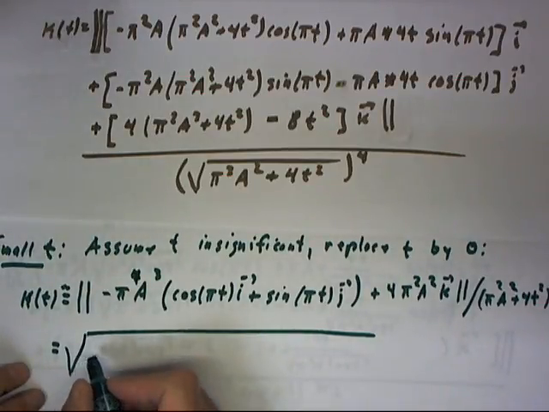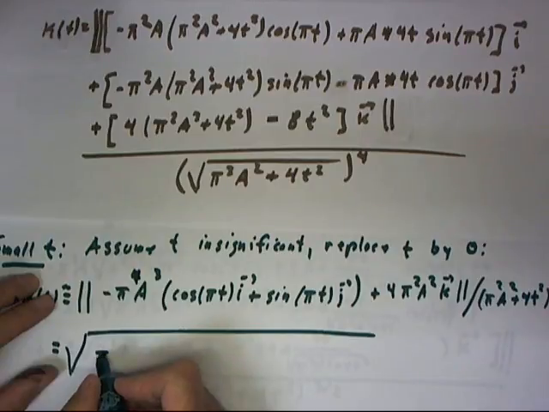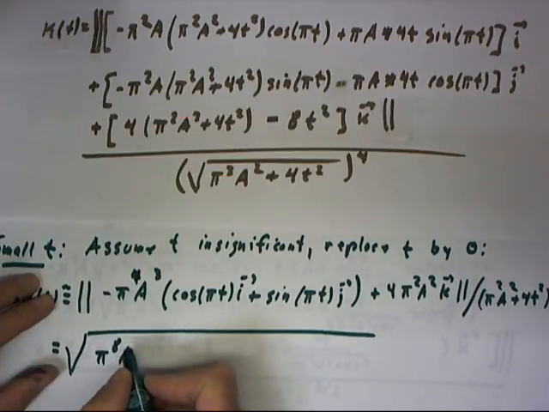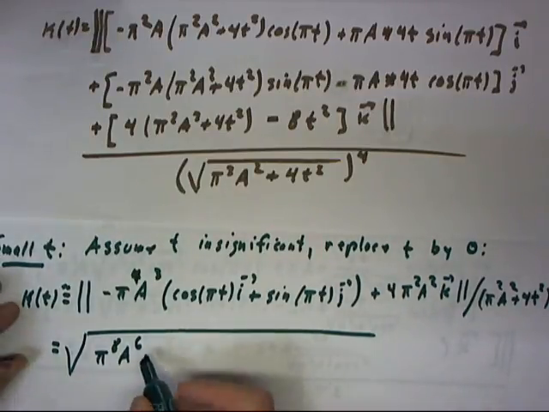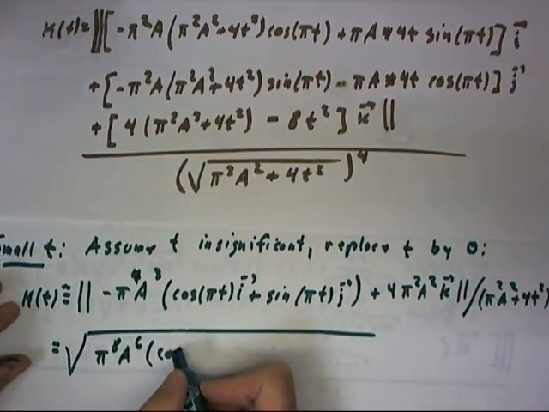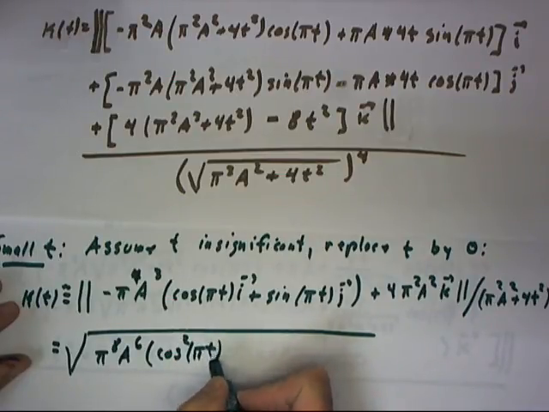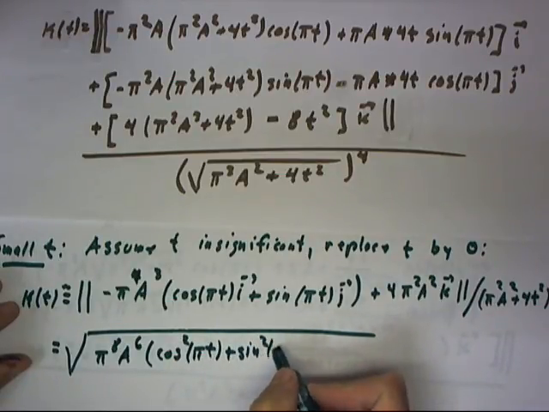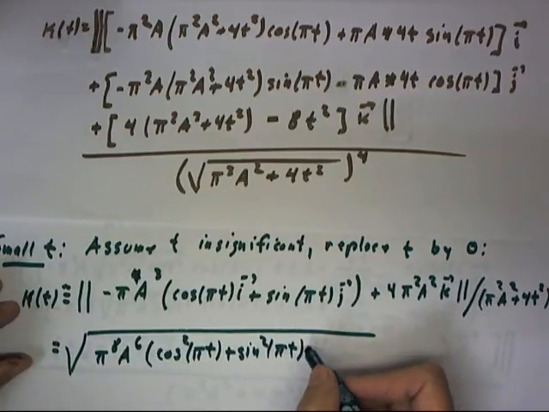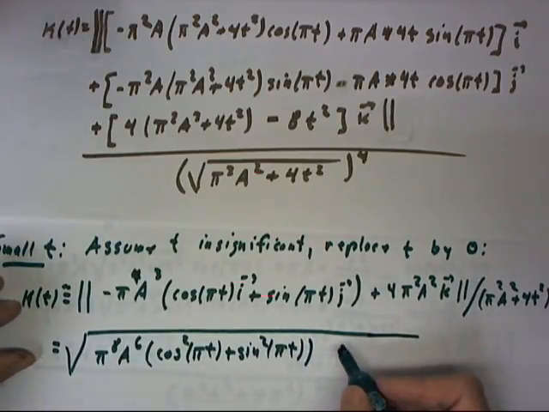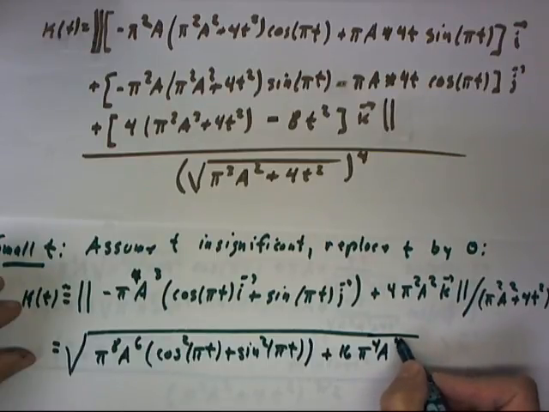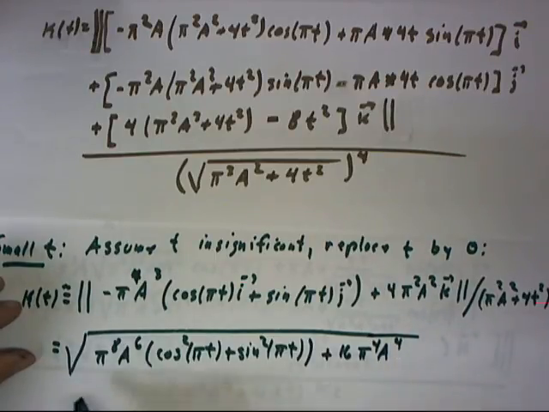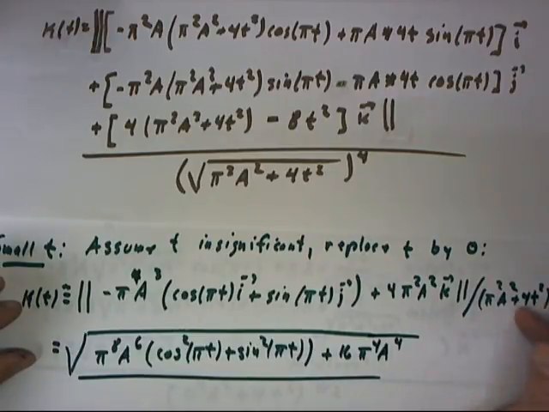What we're going to then end up with is pi to the 8th a to the 6th under this square root, and the cosine squared and sine squared of pi t are going to ultimately add up to 1, and then we're going to have plus the square of this, which is 16 pi to the 4th a to the 4th, and that's all going to be divided by this.